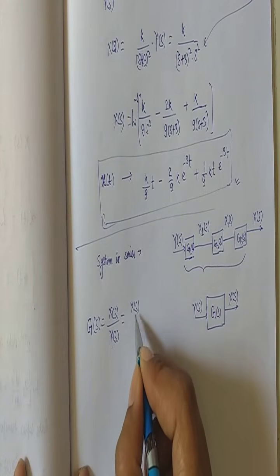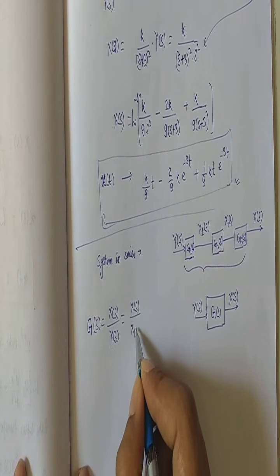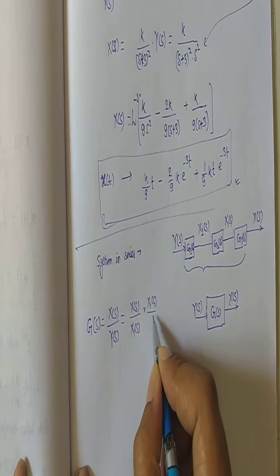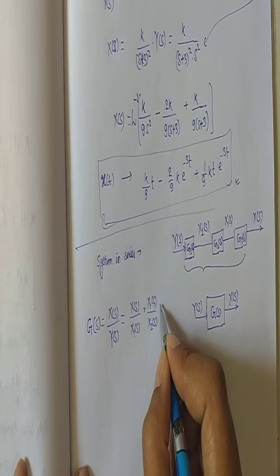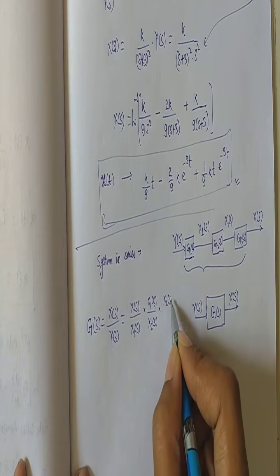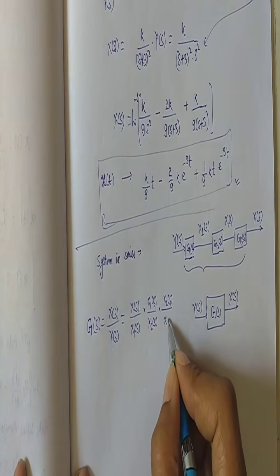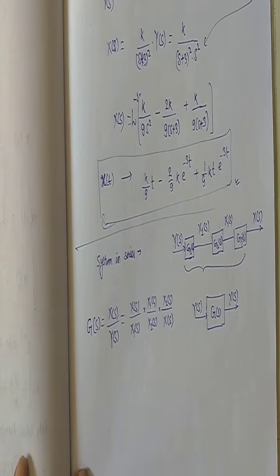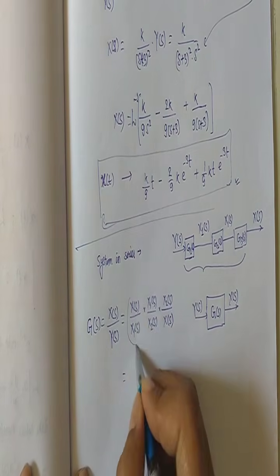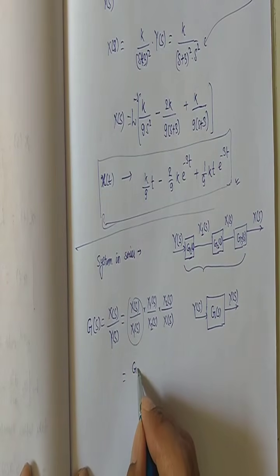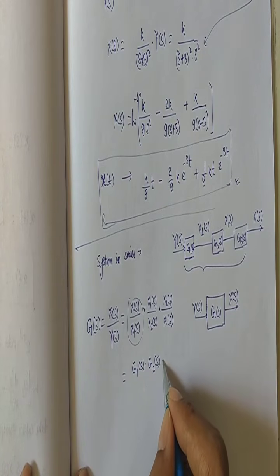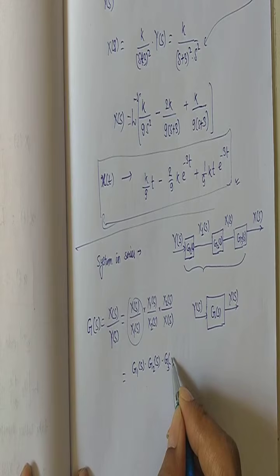I can write xs by x1s, and multiply and divide by x1s, multiply and divide by x2s, so this is nothing but your g1s times g2s times g3s.